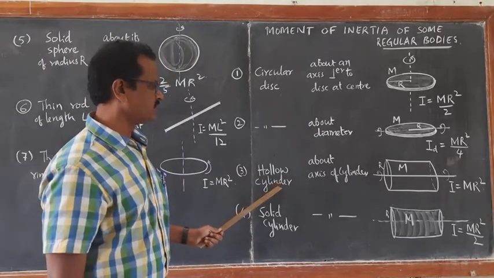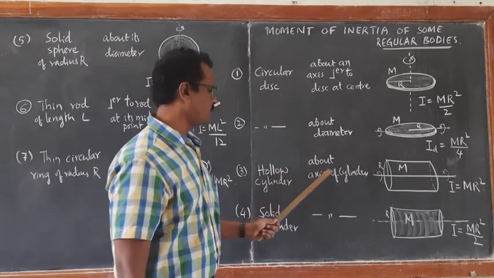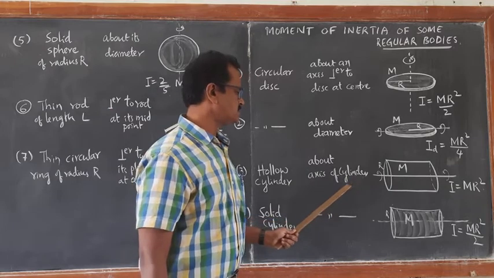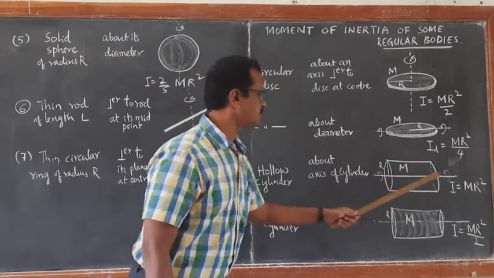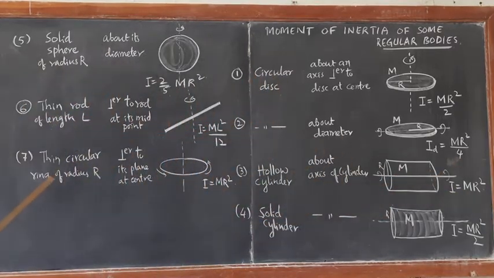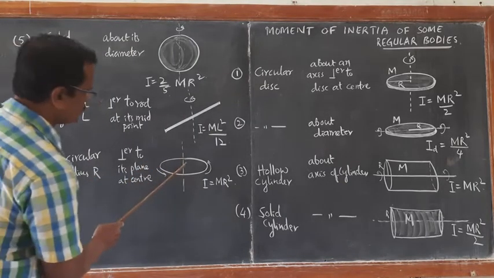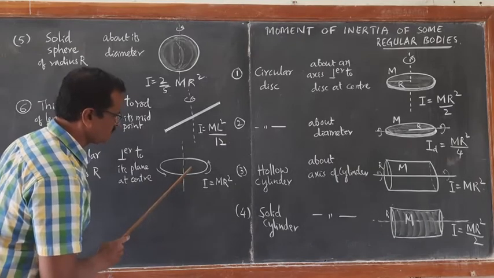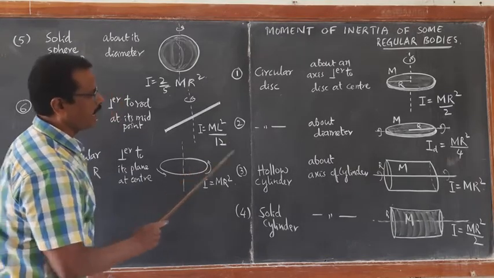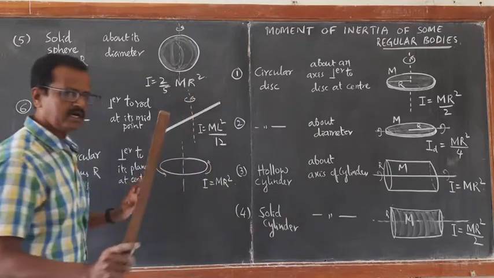So the moment of inertia of a circular ring and a hollow cylinder are the same.